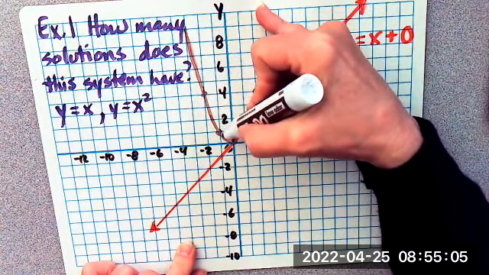Now we know that y equals x squared is the parent graph, and we're just rising up 1. So we rise up to this y-intercept of 1, and then we graph the parent graph. When x is 1, 1 squared is 1, 1 plus 1 is 2. So we're here. The axis of symmetry is the y-axis. So we have the point here.